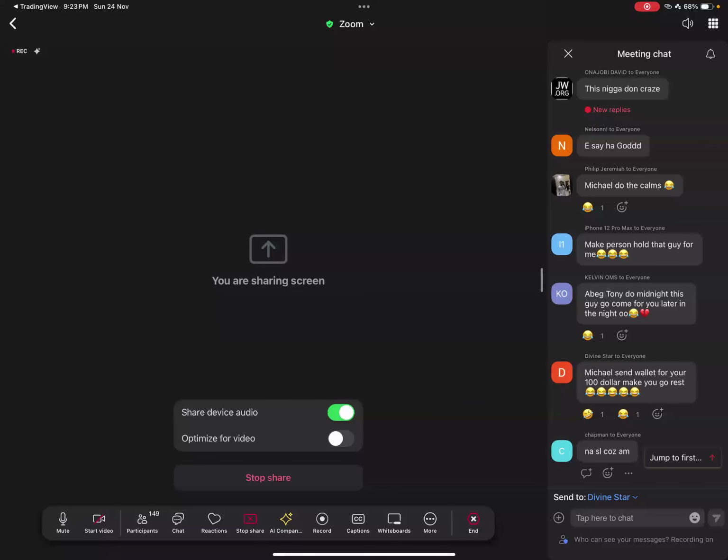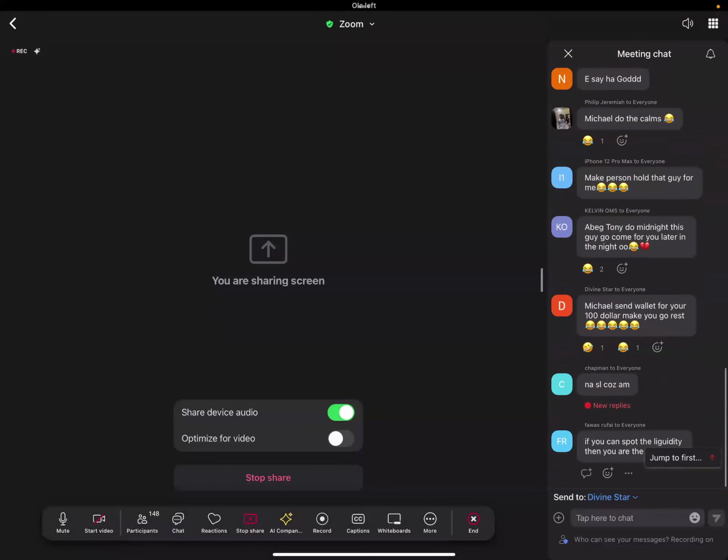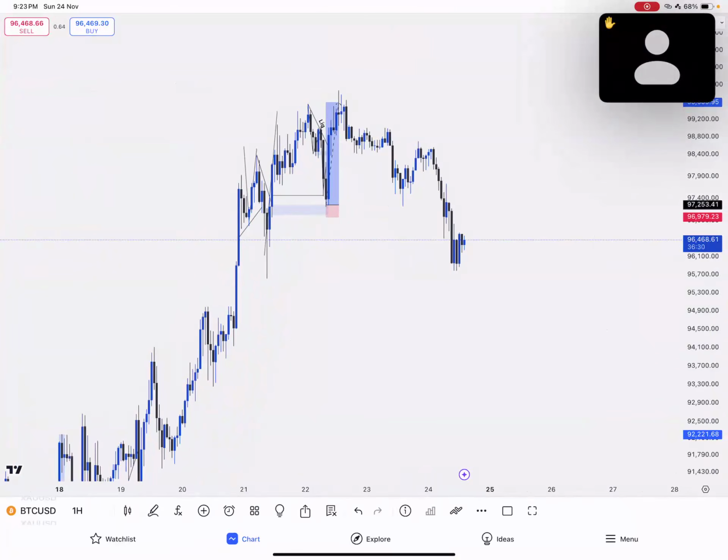On liquidity. The screen is not showing. Okay, I'm with you now. Now, this particular trade that you took, can you kindly explain the break of structure and the POI before taking the trade?